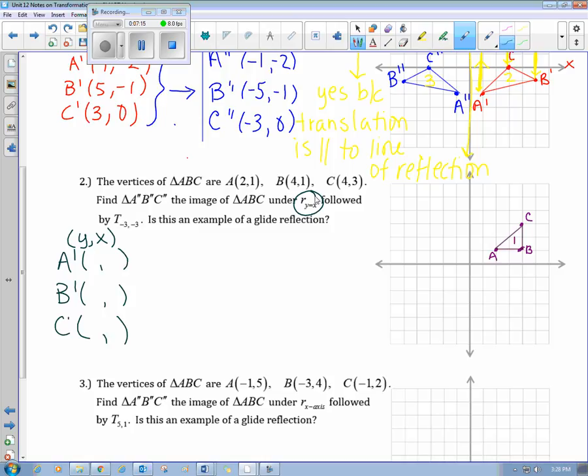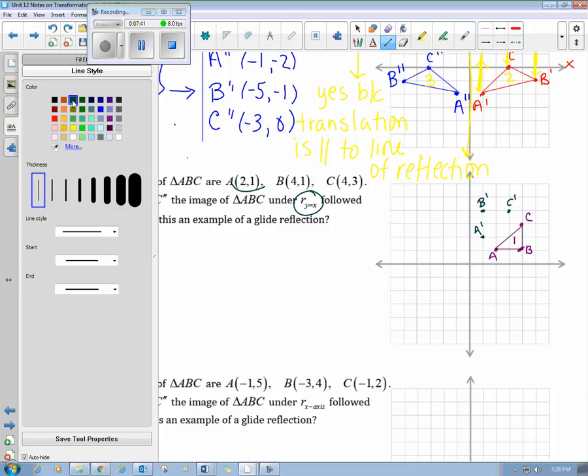So I'm going back to A, and I'm performing the reverse: 1, 2. B instead of 4, 1 is 1, 4. C instead of 4, 3 is 3, 4. And I'm going to plot those points. So I've got the point 1, 2, 1, 4, and 3, 4. I'm going to go in and connect those points to make a triangle.